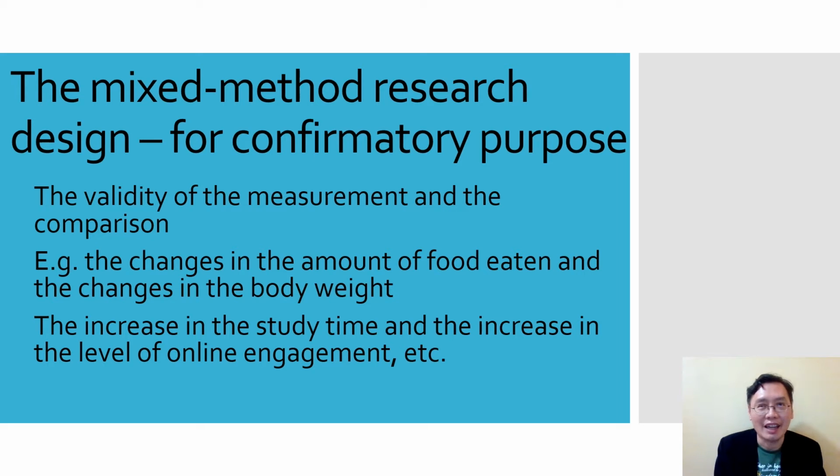How come today I eat 1 kilo less of food, but that doesn't result in 1 kilo less in body weight? So we have to think about the validity of comparing the measurement. The other example is the increase in the study time and the increase in the level of online engagement, etc. So you have to look at the validity of making comparison. You don't just put 2 or 3 different measurements together and make comparisons. So it has to be valid in terms of its comparison. I hope these 2 examples give you some idea.